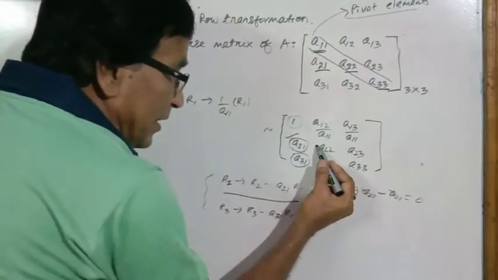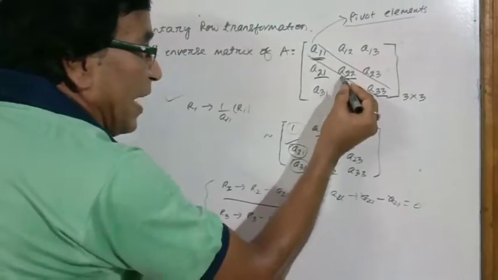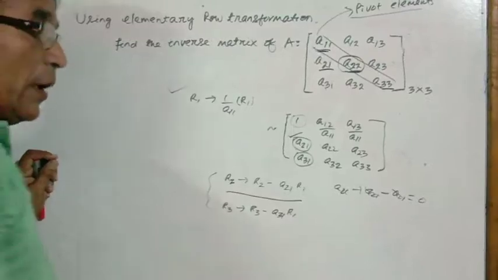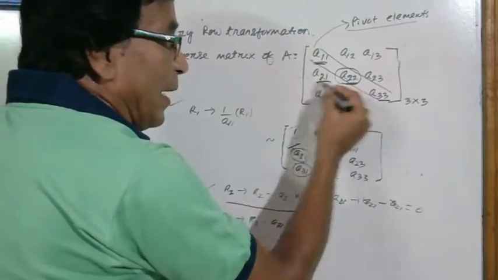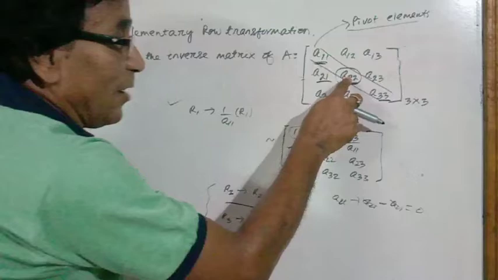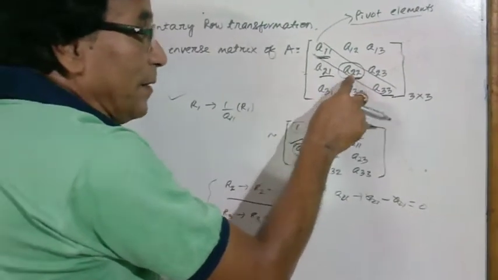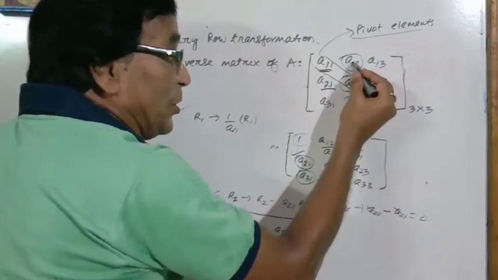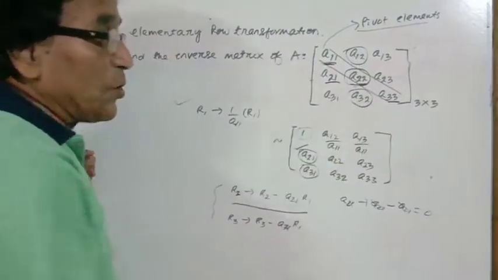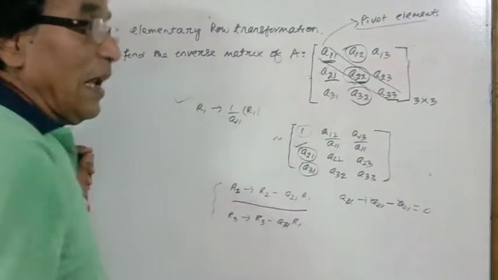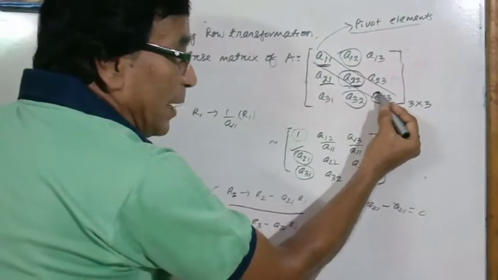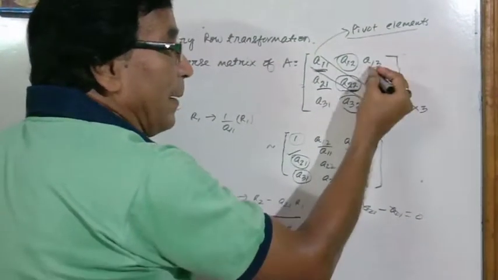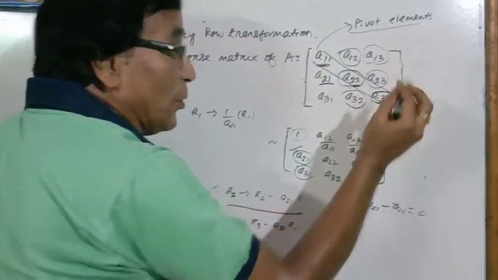Now again you take your pivot element as A22. Again we will divide the second row by A22, so here it will be 1. Again taking 1, we will convert these two elements to 0. Lastly, if you take the pivot element as A33, then taking A33 we can make these two elements 0.